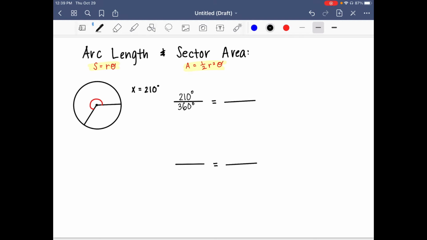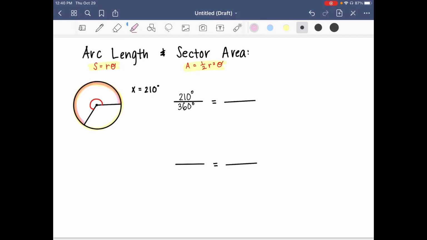Okay, arc length is a part of the circumference. The circumference is the distance around the entire circle, but our arc length is the part of the circumference that attaches to the initial and terminal parts of our angle.